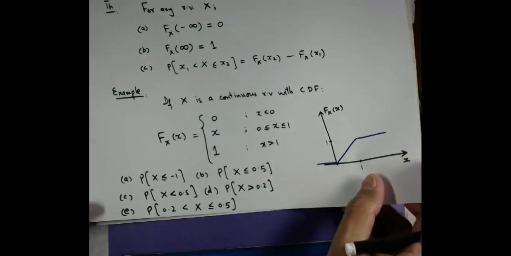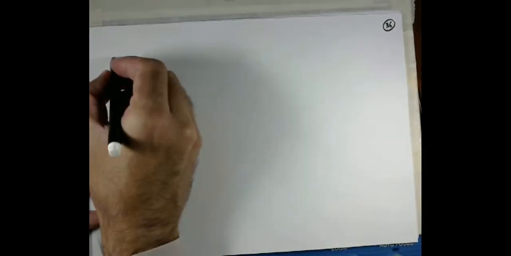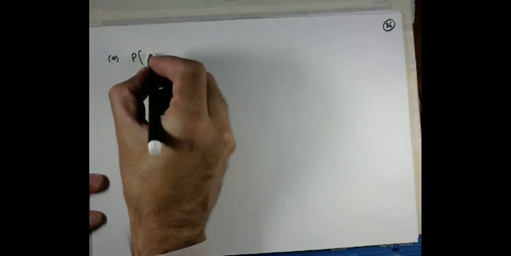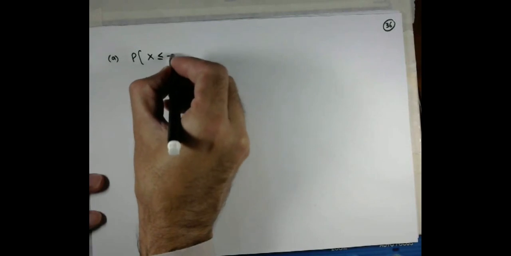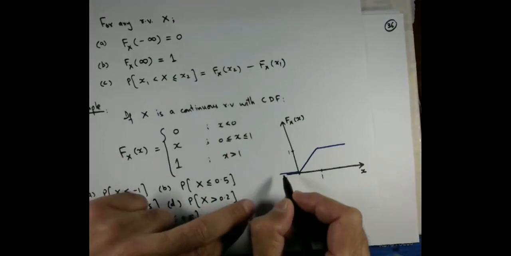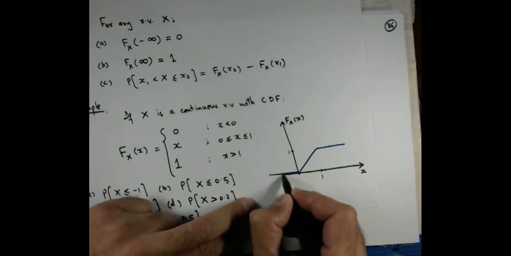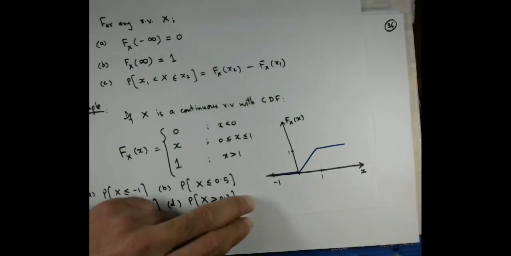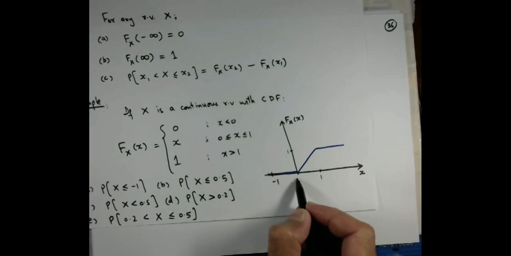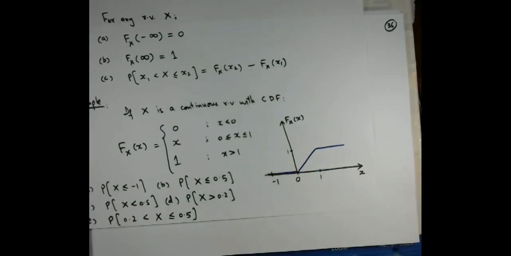So let me solve this now. A part, which means we want to find the probability that x is less than or equal to -1. We have -1 somewhere here, but you see the plot starts rising from the value of x0 onwards.